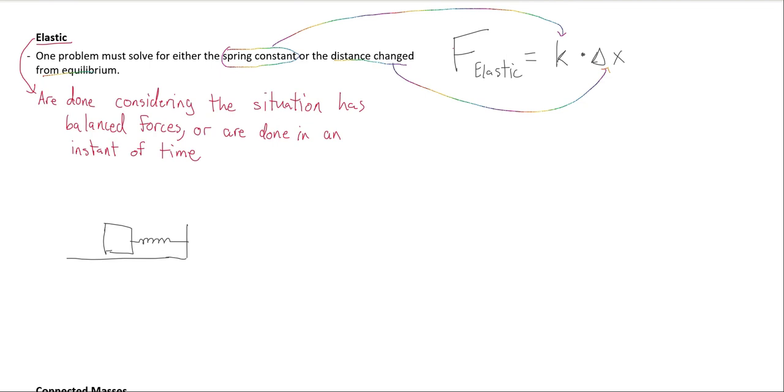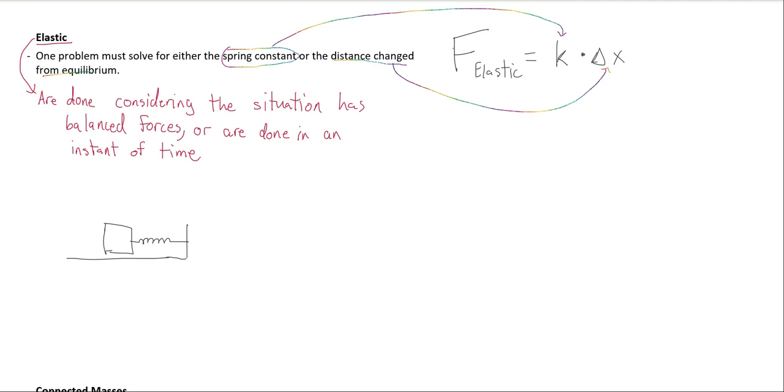Now, how can I make up a situation where I have to solve for the spring constant? Well, there are a couple things I could do. I want to consider this problem when the forces are balanced, and I want the elastic force to be part of that, because if I don't have the elastic force, I can't solve for the spring constant or the distance change from equilibrium.